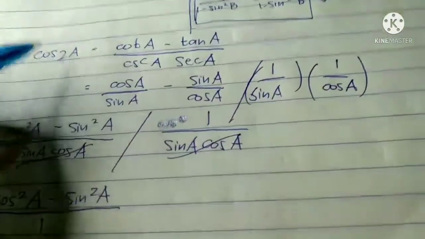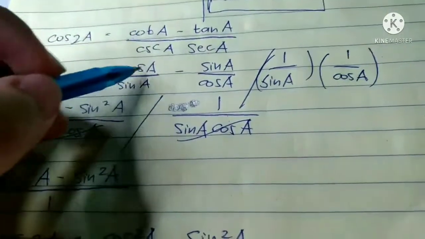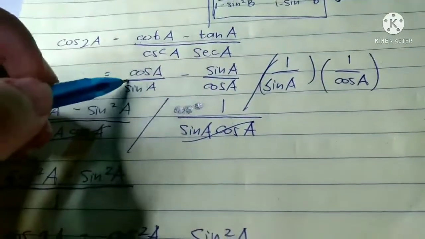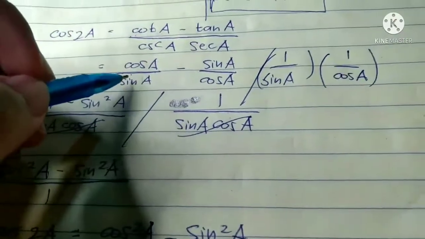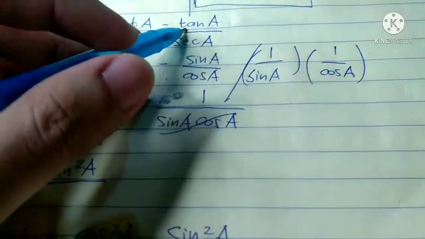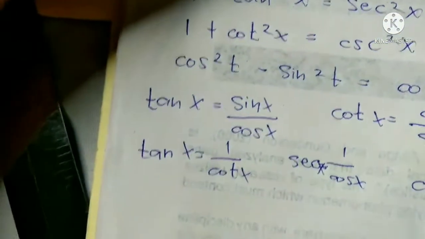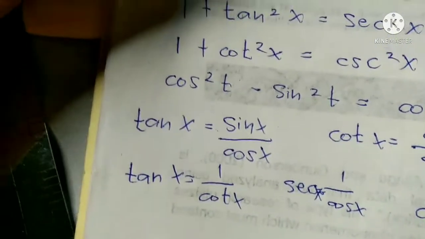So we have here now, this is cotangent A, so it is equal to cosine A over sine A, minus tangent A. So tangent A here is that the tangent x is equal to sine x over cosine x.